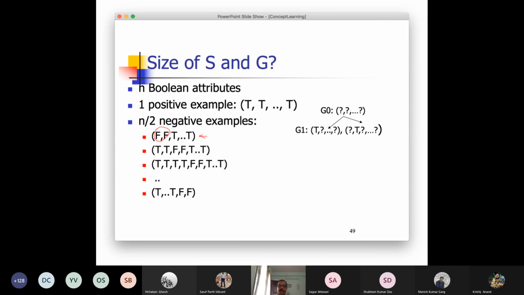So these are the two possible general hypotheses which will satisfy this and also reject these conditions. You agree? So in this case you get two hypotheses. In the next iteration, when you see the next sample, in this position, both these positions cannot be F.